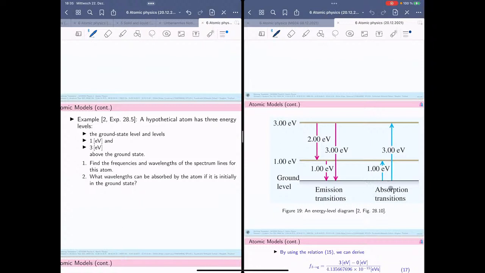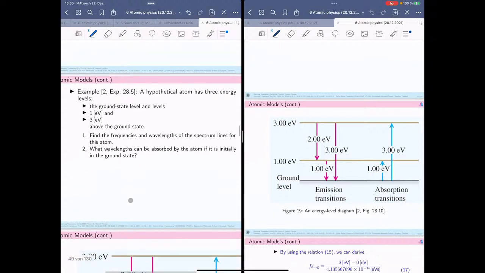There will be only two possible cases, from this level to the 1 eV level and to the 3 eV level. Those are the energy changes in the second sub question. Let's get into the detail of the first sub question, frequencies and wavelengths.